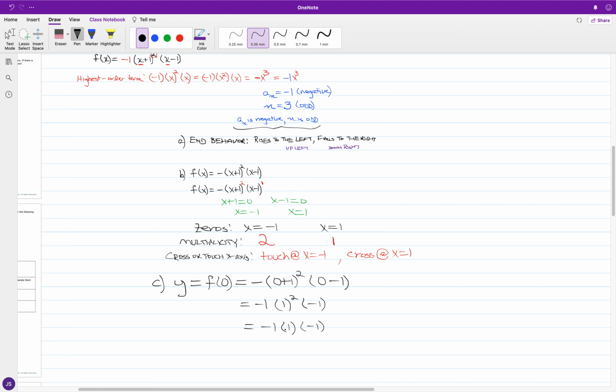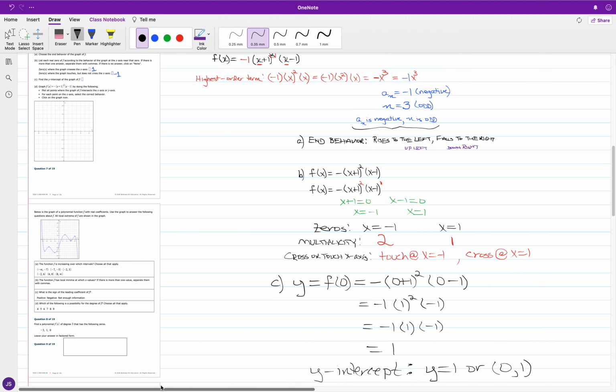And then in turn, negative 1 times negative 1 is a positive 1. So we have for the y-intercept, two modes here. You can say that y is equal to 1. Or in this case, you're going to have the ordered pair 0, 1.